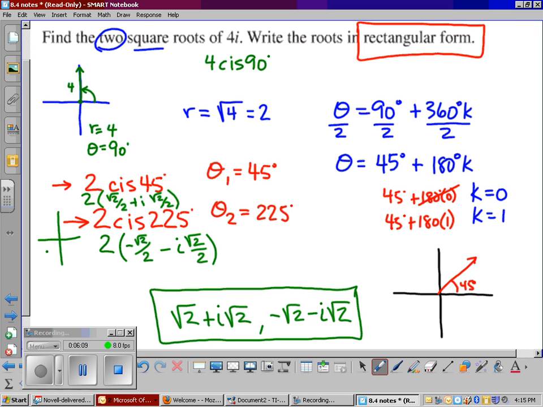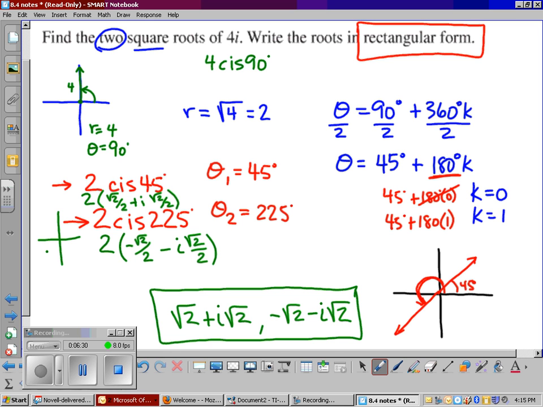225 is 180 degrees away from 45, like that. So this larger angle right here is 225. The 180 you'll recognize and remember from right here. That's what we were adding to our first angle to get to the second.